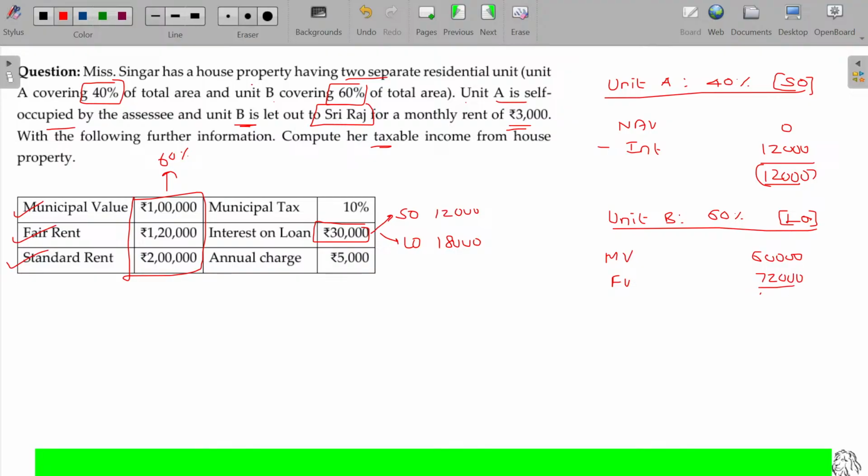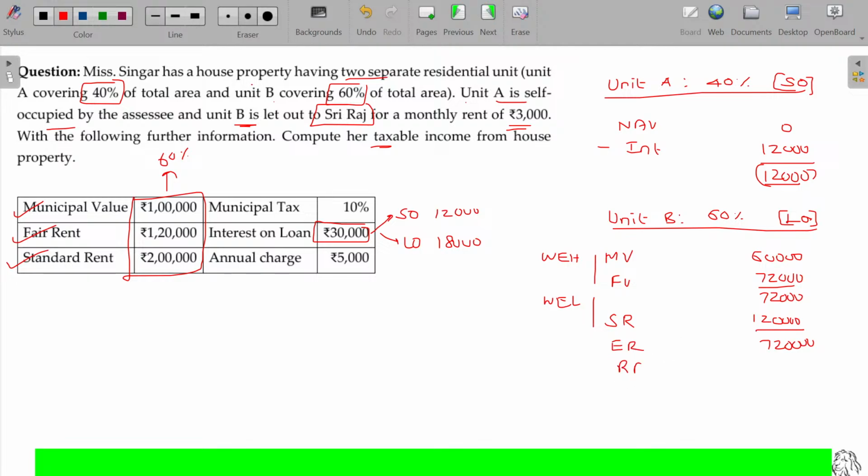Between these two, whichever is higher, 72. And standard rent, 1,20,000 rupees. Between these two, whichever is lower will be taken. That is, what about expected rent, 72,000.